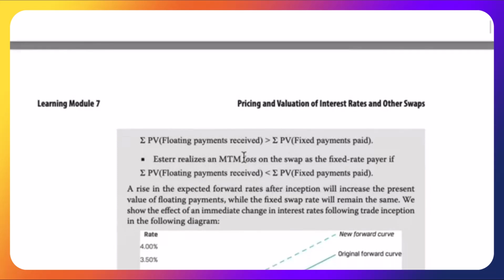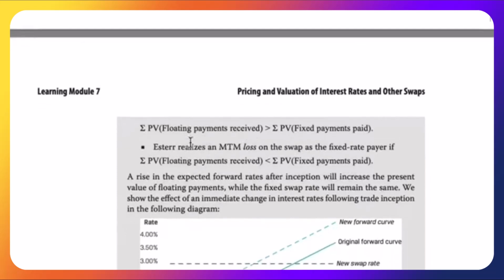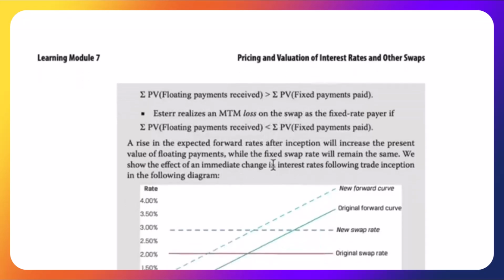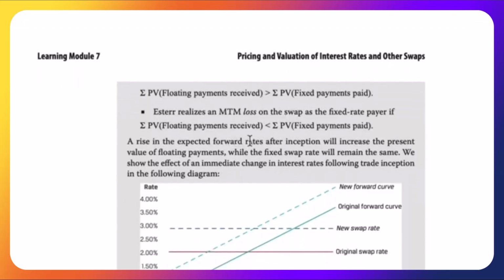And we would realize a mark-to-market loss if it were the other way around. A rise in the expected forward rates, keep this in mind now, we're paying fixed, receiving floating. A rise in the expected forward rates after inception will increase the present value of the floating payments.